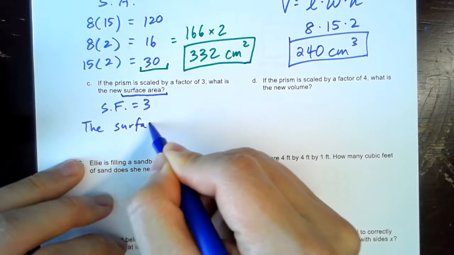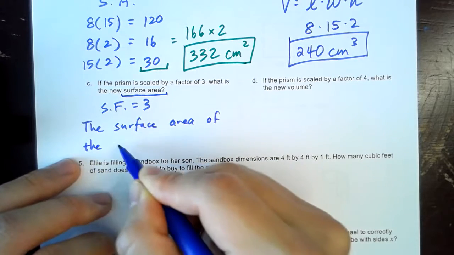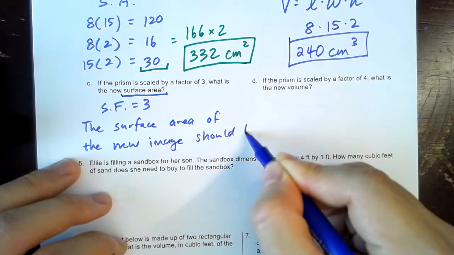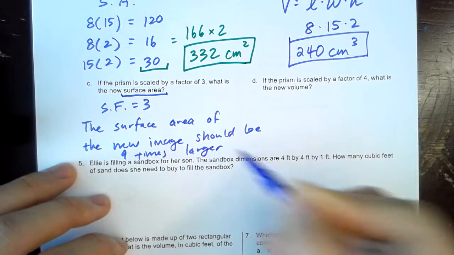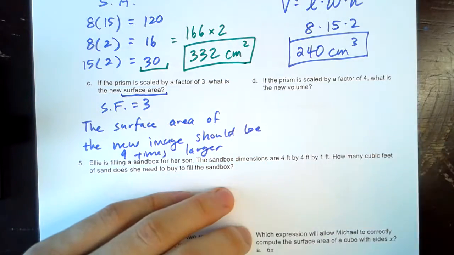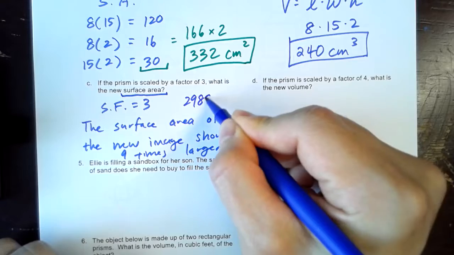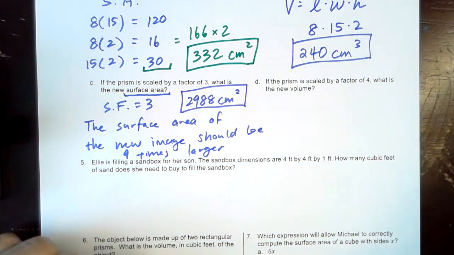So the surface area of the new image should be 9 times larger, because surface area is 2-dimensional. So if it should be 9 times larger, 332 times 9 is going to be 2988. It has to be 9 times larger because the scale factor was 3.